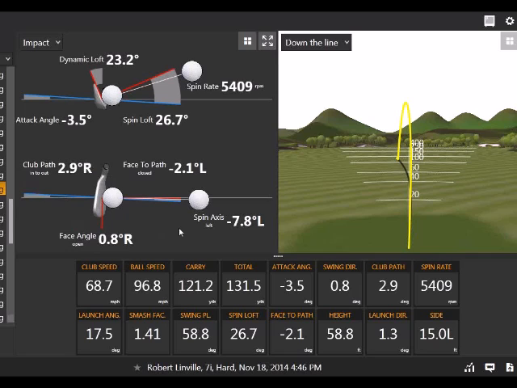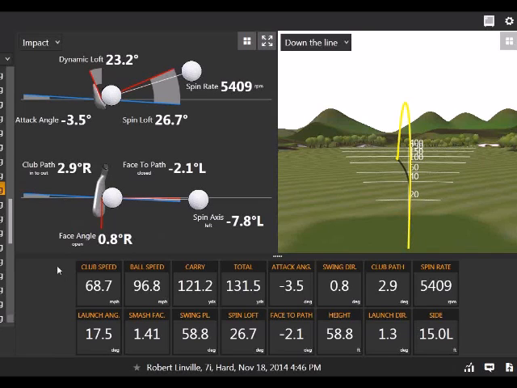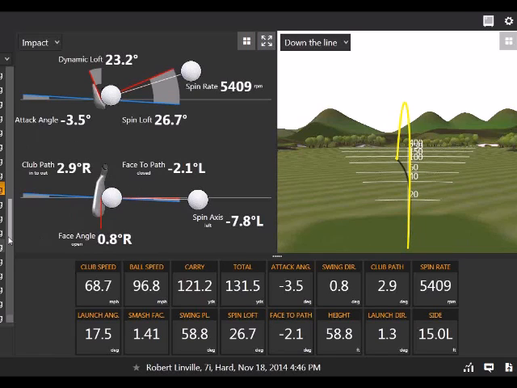What is the main factor in shot inconsistency? That would be a combination of what I was just talking about: hitting it all over the club face, which usually has to do with the spine angle shifting, and also the club path, going out 6 or 7 to the right, then 0, then 7 to the right, and then 2 to the left.